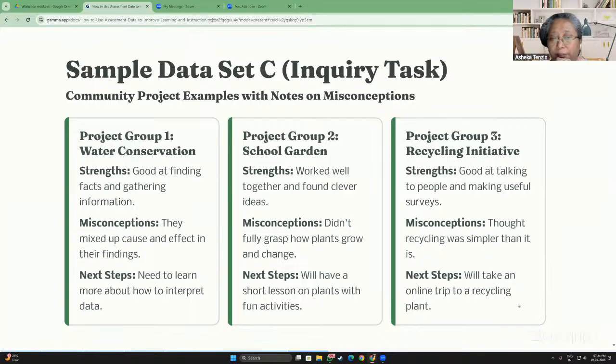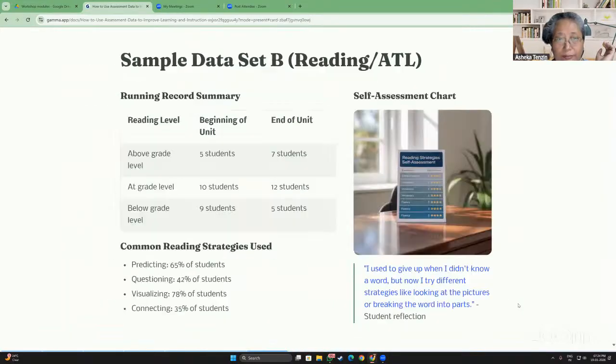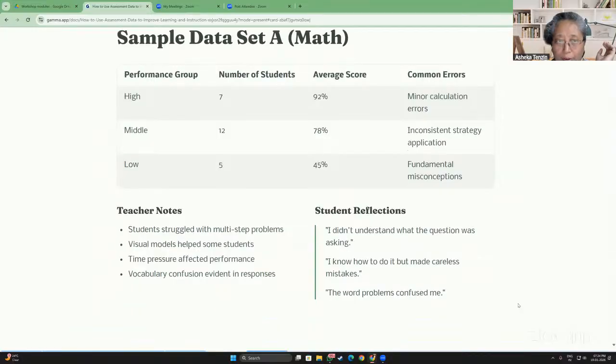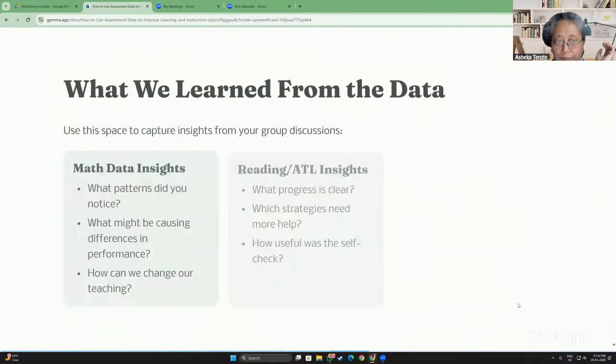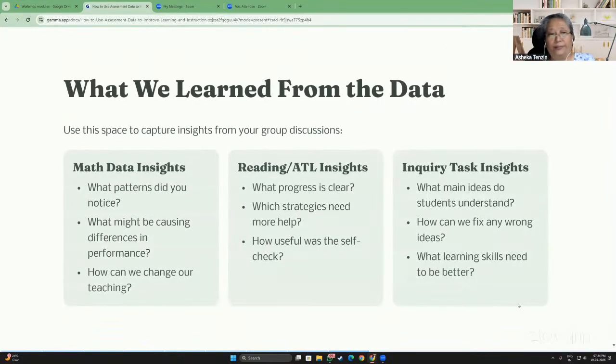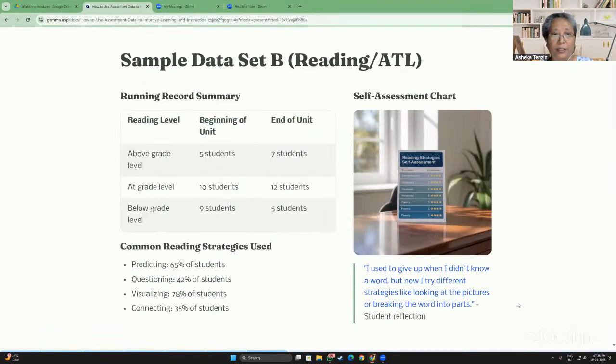Strengths, misconceptions, next steps. Got it? Okay. Now, what is your task? You have to look at all this data and answer these questions. In the math data, what pattern do you notice? And what might be causing the differences in performance? You can see that there are differences in performance, right?